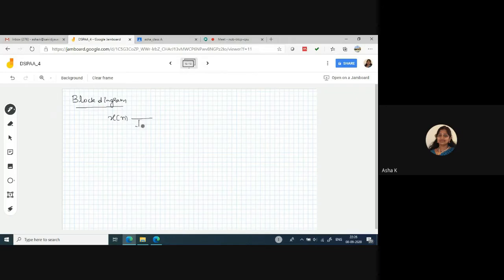This is delayed by 1 unit, z to the power minus 1, and multiplied with a parameter, that is a coefficient. First one is b0. The second one, after delaying with 1 unit time, I'll be having b1, added by using an adder. So b1 and b0 are multiplied by using a multiplier.